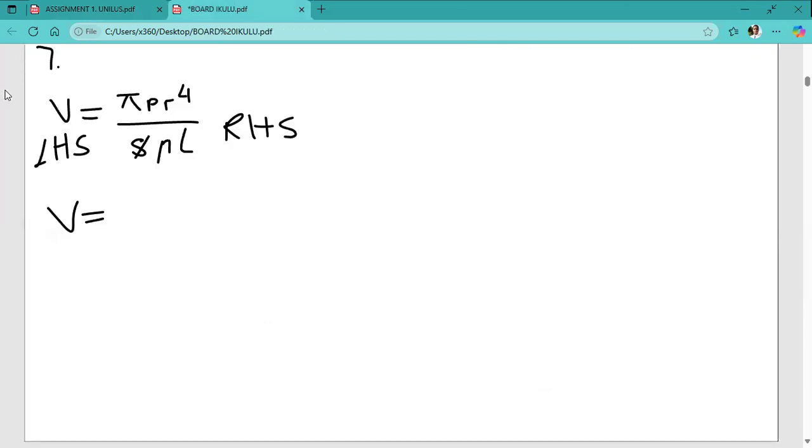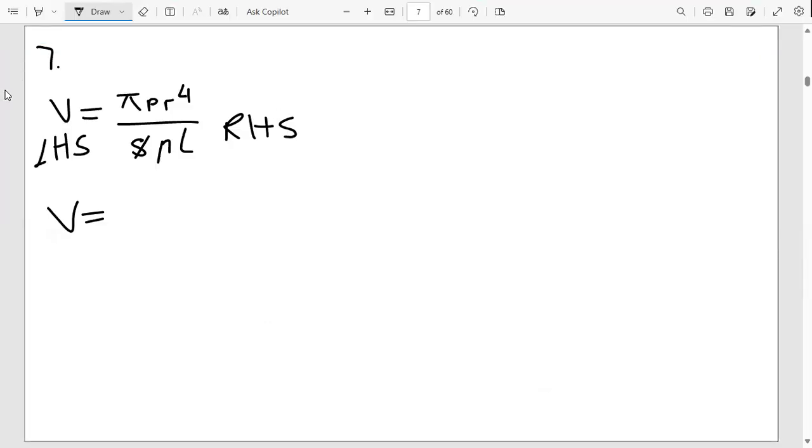So V, since it's volume flow rate, we know the SI unit for volume is cubic meters, or sometimes we can use liters. Since it's volume flow rate, that means it's volume per unit time. How much time is taking for a certain amount of volume to flow in this pipe.